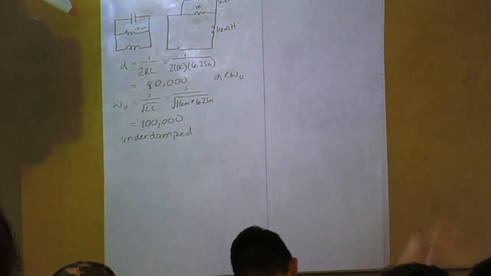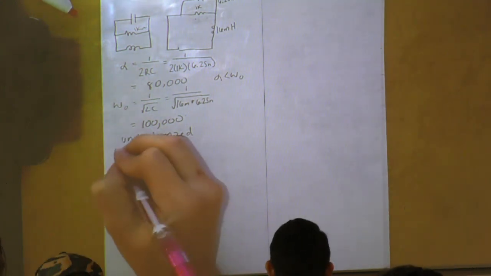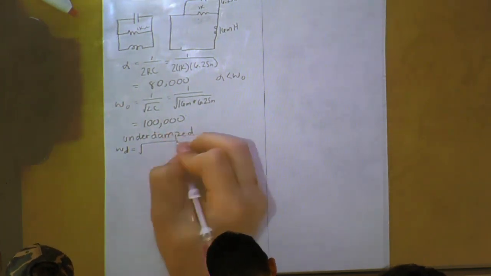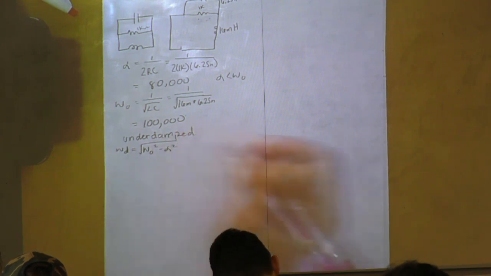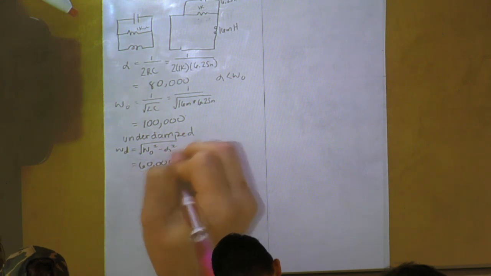So with underdamped, we use omega D. Let's go ahead and find that now. It's going to be the square root of omega naught squared minus alpha squared. This should come out to 60,000.